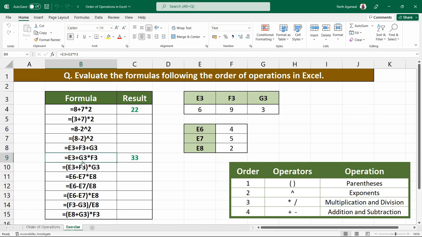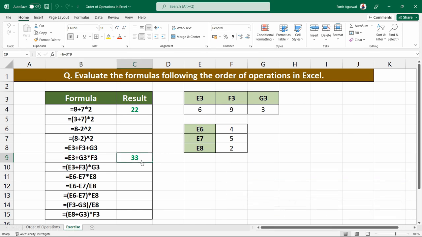So what is the value for G3? G3 is 3. And what is the value for F3? F3 is 9. So 9 will be multiplied by 3. That will give us 27. Then that 27 will be added with E3. The value for E3 is 6. So 27 plus 6 will result in 33, right? So I hope that these two calculations are clear to you.